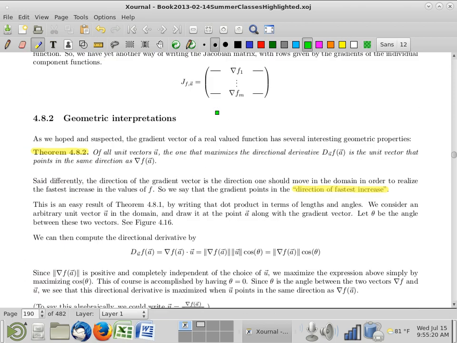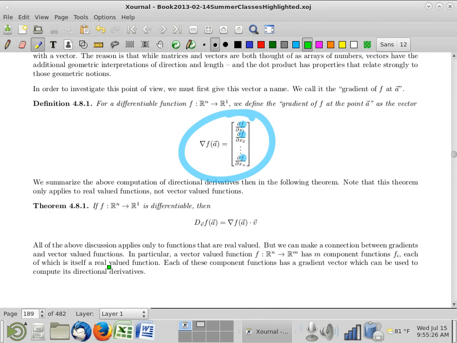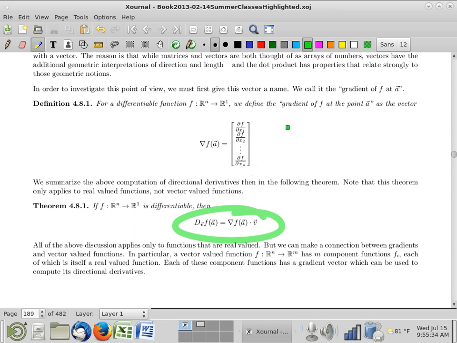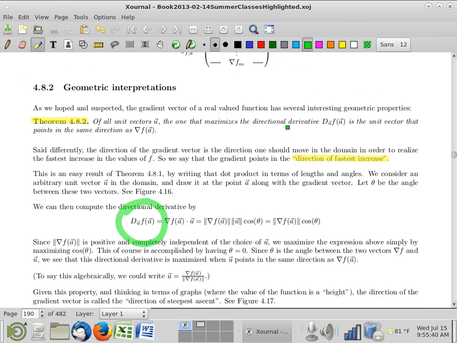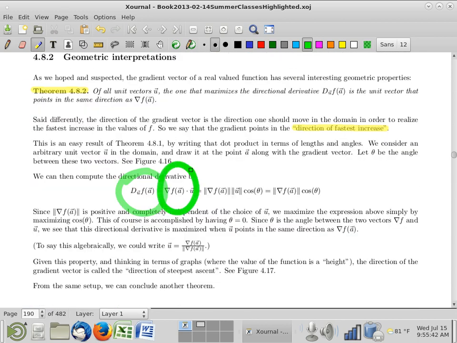So, a unit directional derivative using this formula, dot product with a gradient vector. This is our new point of view on it, so we're not going to think about Jacobian matrices and derivative transfer. We think about it as a dot product with a gradient vector. Okay, so dot product of our unit vector direction with the gradient vector.